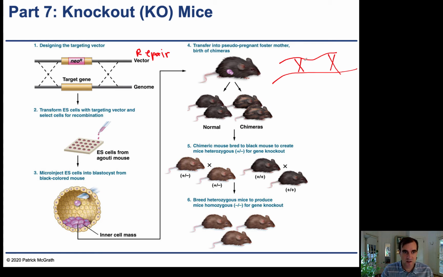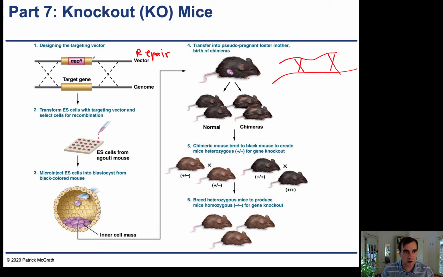So the concept of this is very similar. Instead of having DNA taken from a natural source, which would be a bacteria, you construct the DNA that you want to use for this. And so we call this a repair vector.